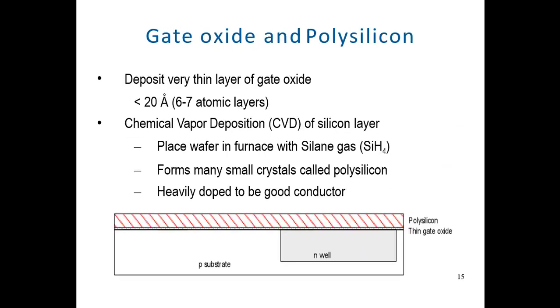So now we are going to the next step. You see, deposit a thin layer of gate oxide. So this is polysilicon, and again there is a whole process of doing that, which is called chemical vapor deposition.